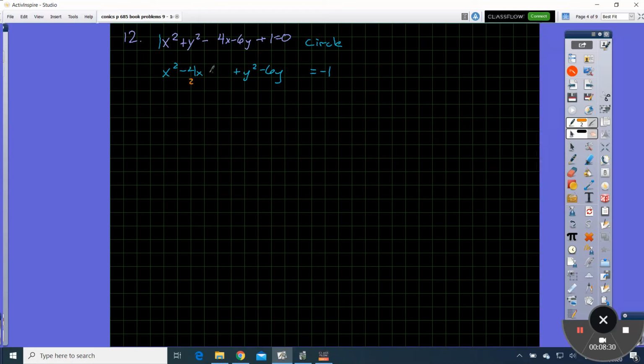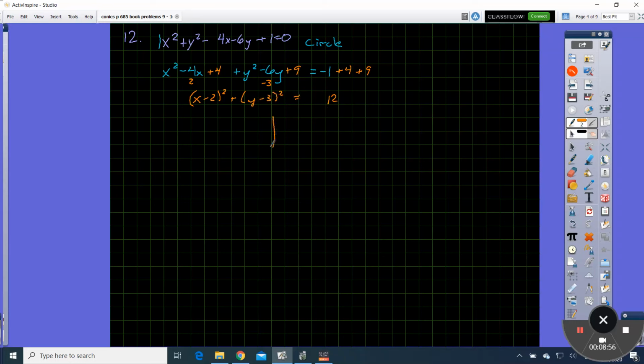Half of 4 is 2. 2 squared is 4, so I add 4 to each side because it's not inside a parenthesis. Half of 6 is negative 3. Negative 3 squared is 9. Again, it's not in a parenthesis, so I just add 9 to each side. 9 plus 4 is 13, minus 1 is 12. This factors to be (x minus 2) quantity squared plus (y minus 3) quantity squared equals 12.